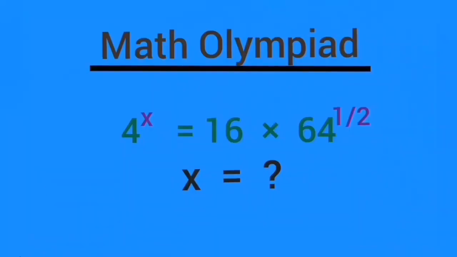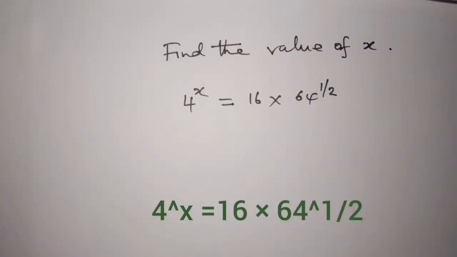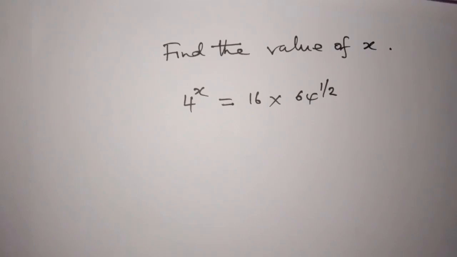Find a value of x. 4 power x is equal to 16 times 64 power a half.